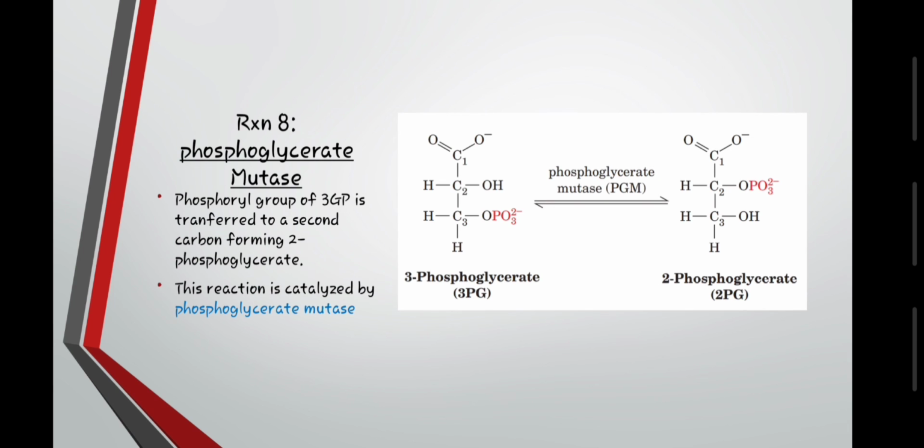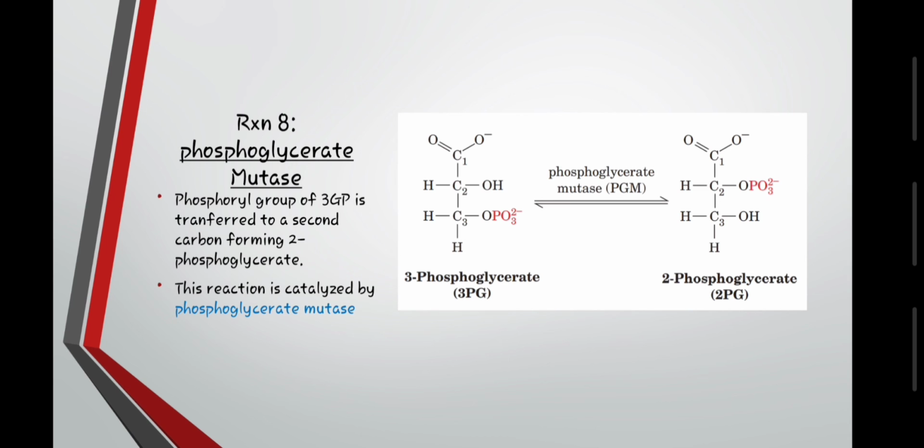In reaction number 8, the phosphoryl group of 3-phosphoglycerate is transferred to the second carbon, and you end up with 2-phosphoglycerate.